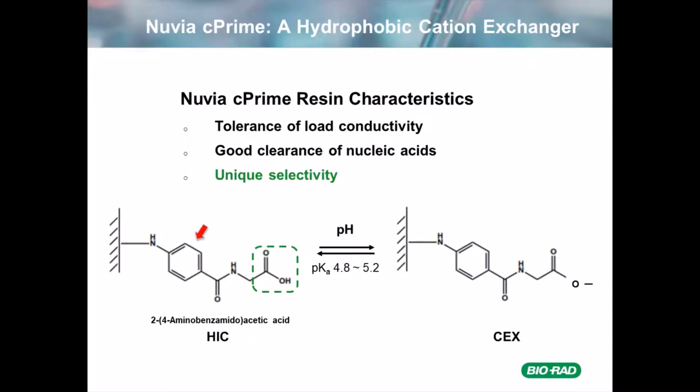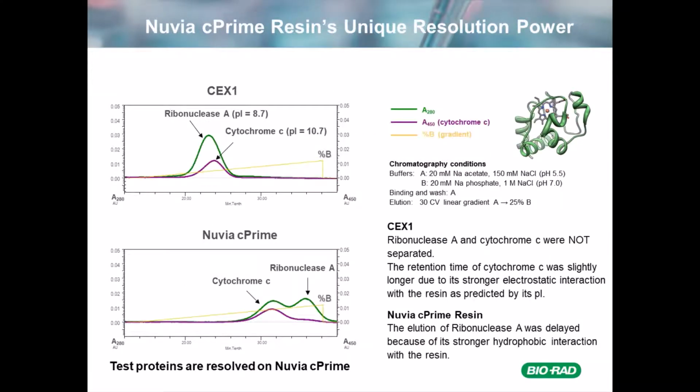I would like to use the next example to show you the unique selectivity of Nuvia C Prime. So we are comparing Nuvia C Prime with a classical cation exchanger using a pair of basic proteins. The first one is ribonuclease A, which has a pI of 8.7, and cytochrome C with a pI of 10.7.